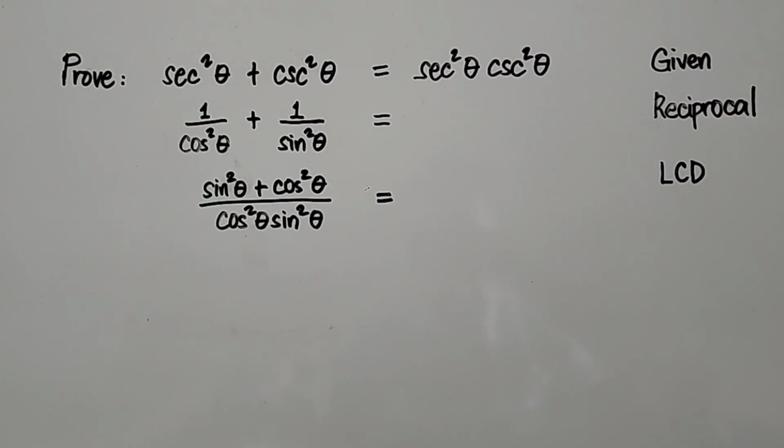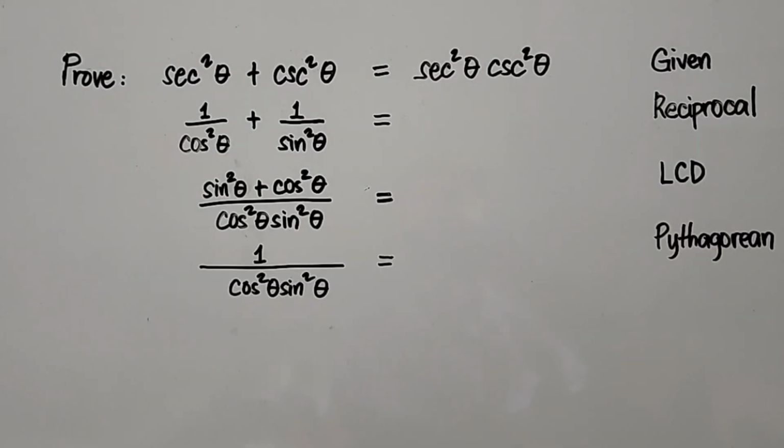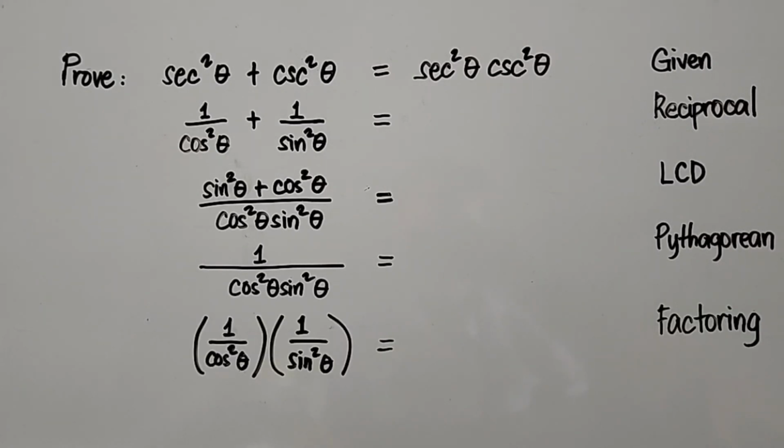Observe now the numerator. The numerator is sine squared theta plus cos squared theta. In the Pythagorean identity, the numerator sine squared theta plus cos squared theta is 1. This is now our expression. This time, we can factor out 1 over cos squared theta sine squared theta. So the factors now are 1 over cos squared theta times 1 over sine squared theta.